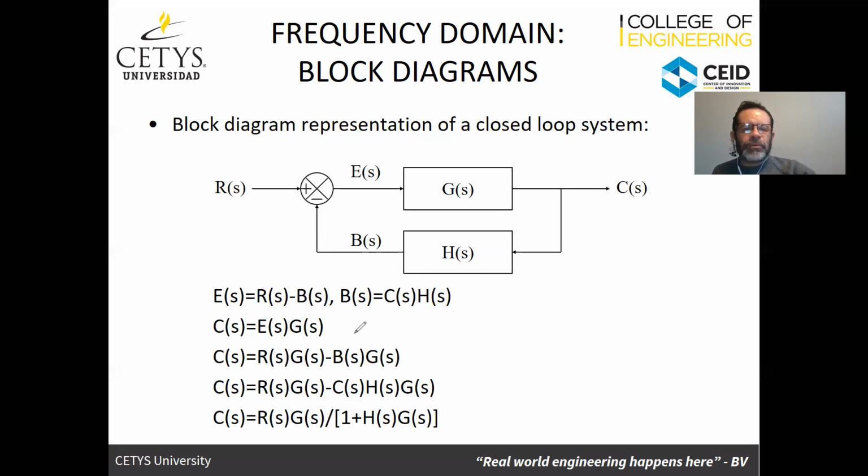So we've got these two. And we've already defined that the transfer function G of S is a relationship between the output and the error.